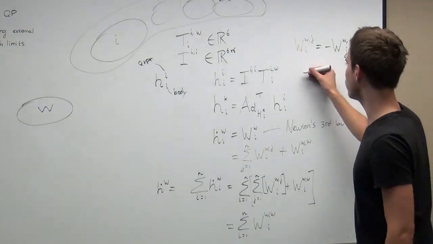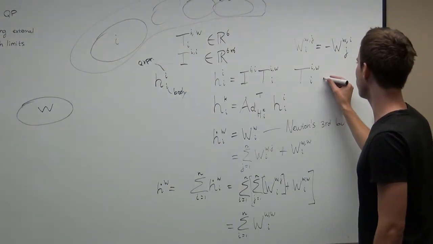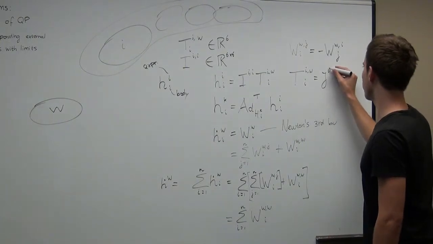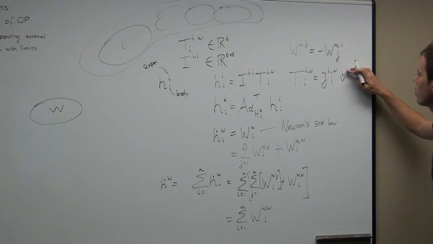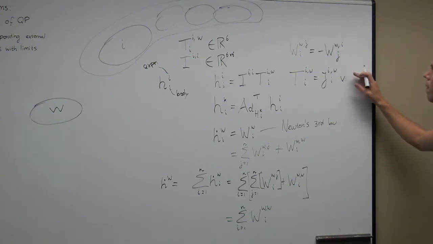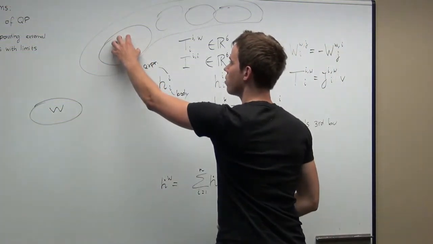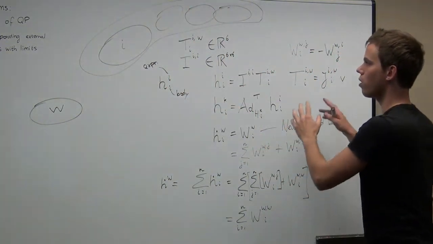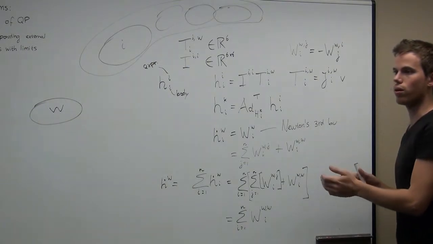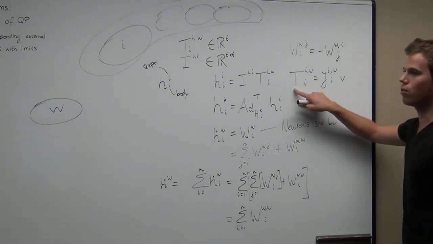So for each of the bodies, we can write T I W I equals J I W I times V, where V is the joint velocity vector. So basically, we can construct a Jacobian for each of these bodies that takes in the whole joint velocity vector of the mechanism, and computes the twist of just that body.